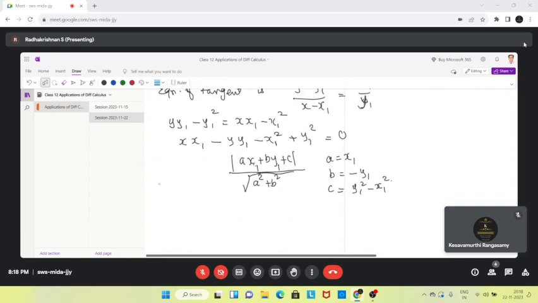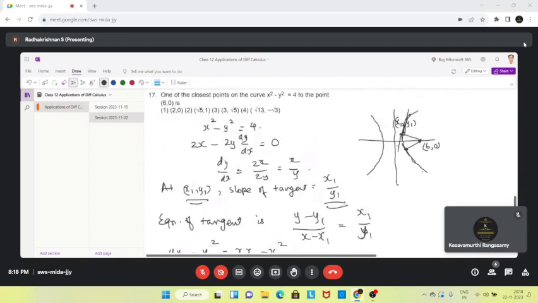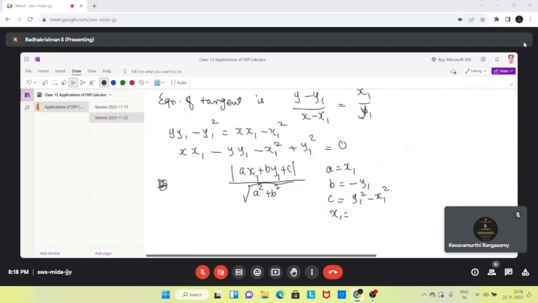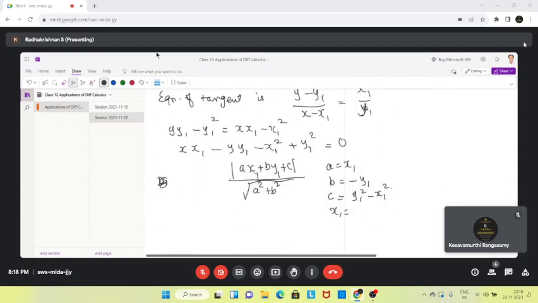For the point we have the value x1 equal to 6, comma 0. So x1 equal to 6.